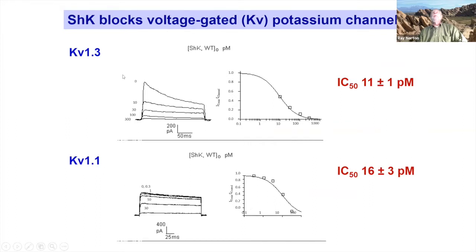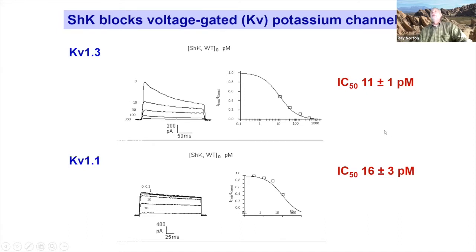Now, Kv1.3 is the therapeutic target that we're interested in. Kv1.1 is involved in nerve transmission, and so one of the drivers in our work on analogues of SHK has been to make selective analogues that only hit Kv1.3 and don't touch Kv1.1 in particular or other channels.